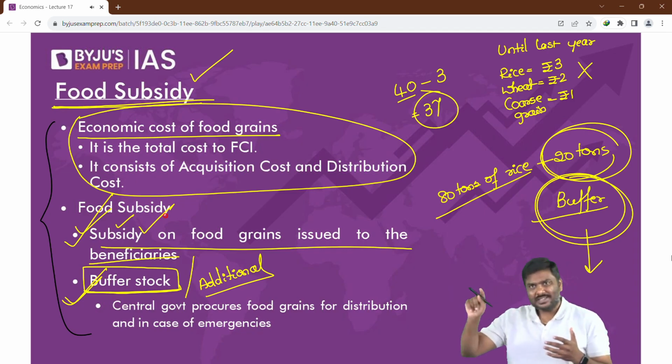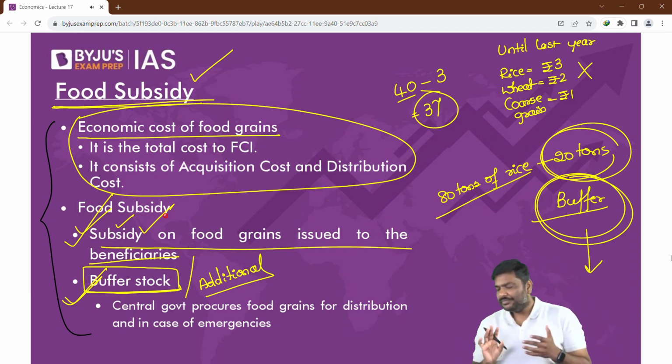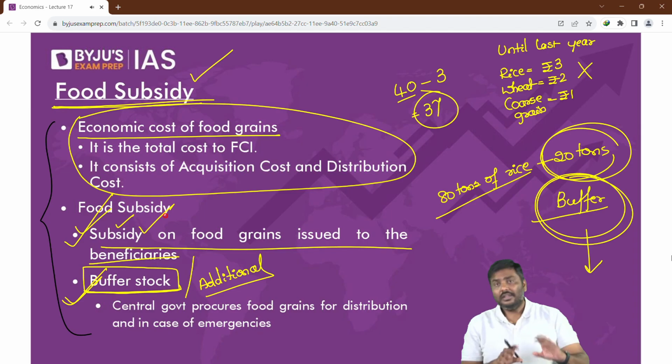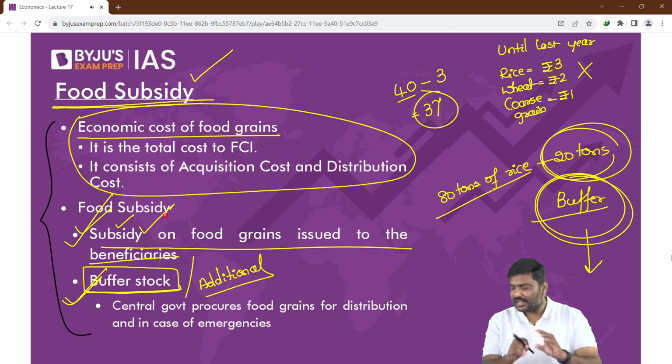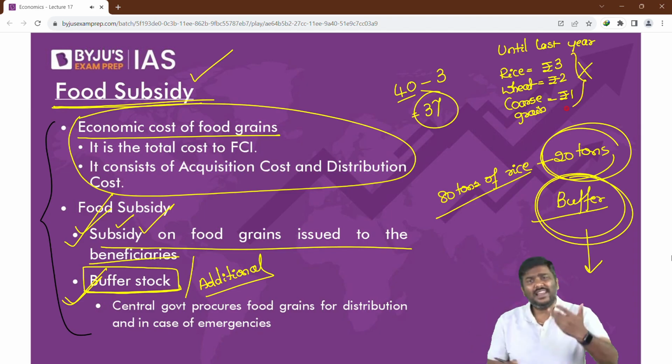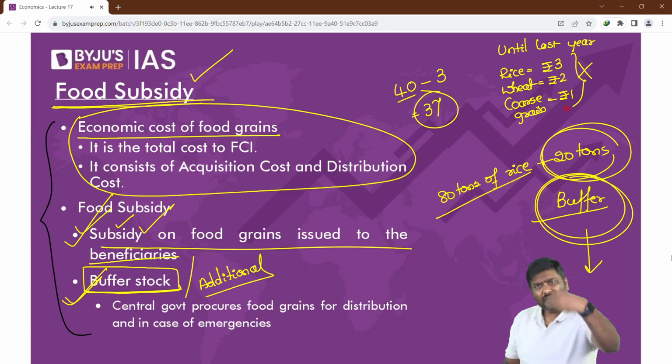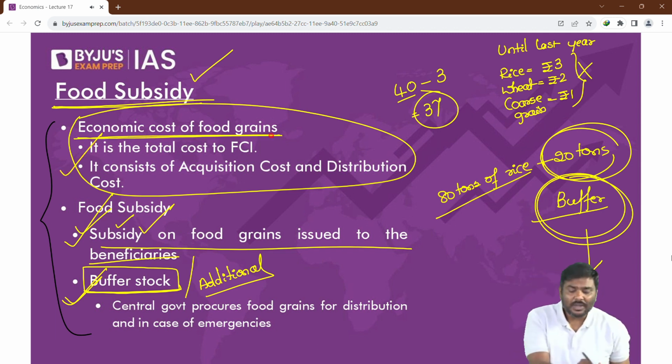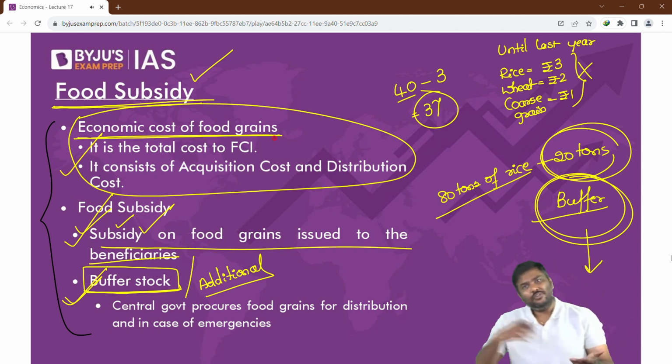Which means in case of food subsidy now, how do you calculate it? The economic cost of food grains for NFSA plus buffer stock cost. All of it okay? This year, I repeat, there is no price collected. Government will give it free of cost to you.